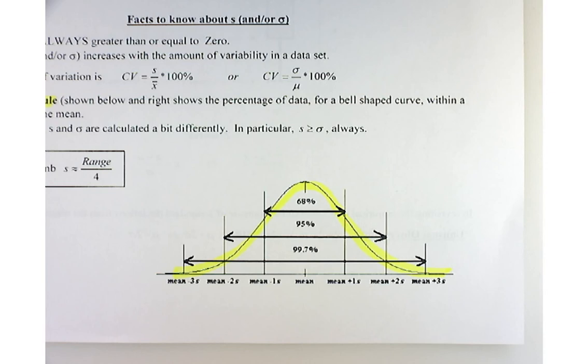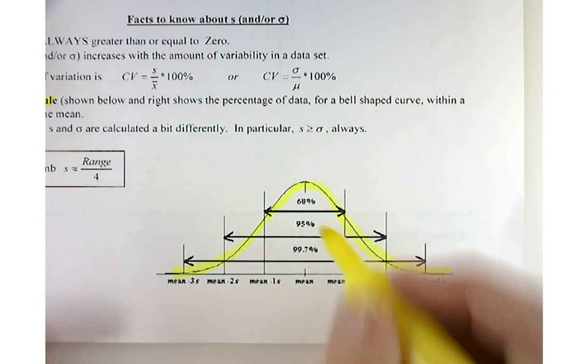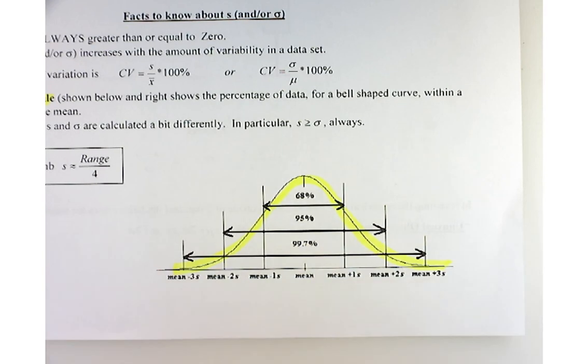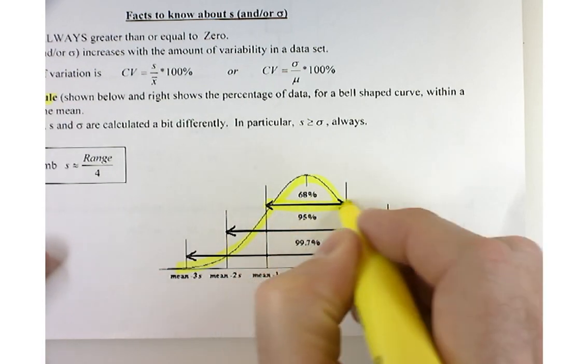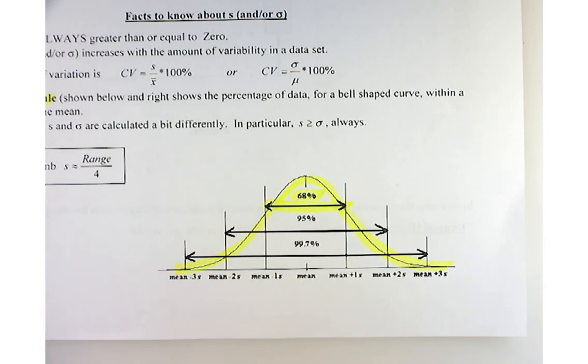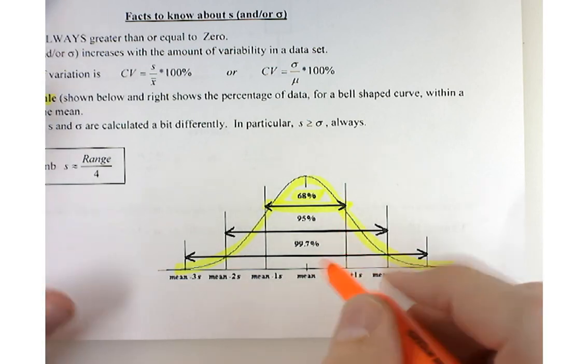Bonus points if you said Gaussian, but we're not really going to use that in this class. But, all right. If you have normally shaped data, and that's what you're assuming if you're using the empirical rule, then within one standard deviation away from the mean, you have 68% of your data. That's a lot. Most of the data is in the middle if you have a normally distributed data set.